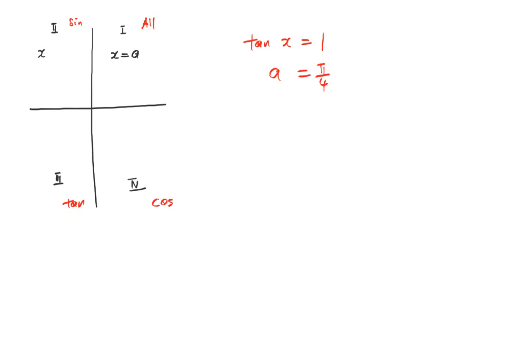So tangent x is equal to 1, is positive, more than 0. So therefore, x is in which quadrant? First and third. So therefore, the first x will be pi by 4.